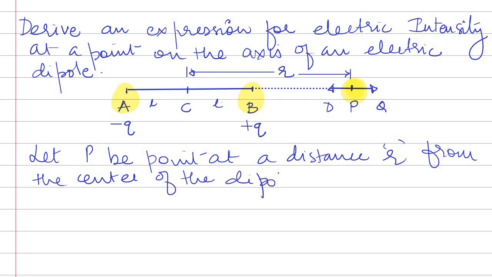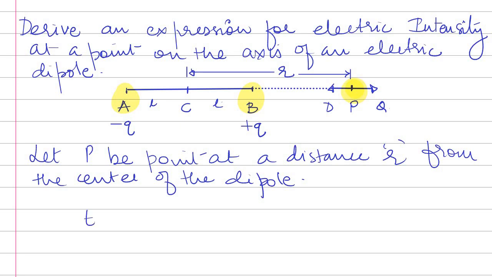Now at P there will be two electric fields interacting: electric field due to B and electric field due to charge minus Q at A. So basically we are looking at EB plus EA. What would be the electric field intensity at P due to the charge minus Q at A?